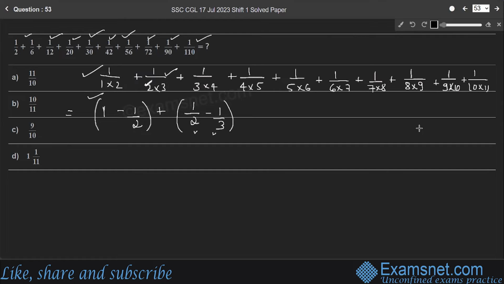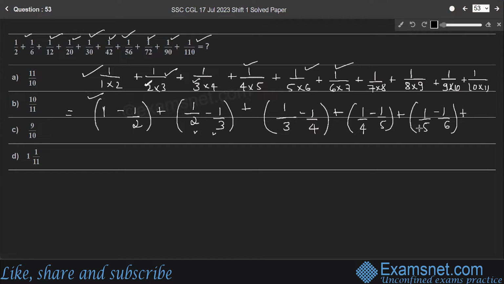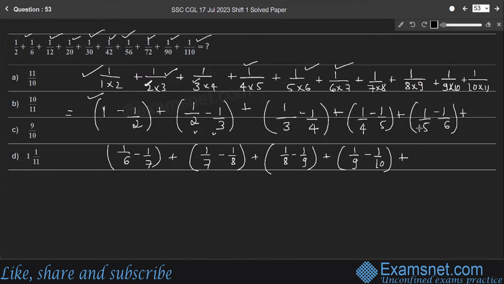Then 1 by 3 minus 1 by 4, plus 1 by 4 minus 1 by 5, plus 1 by 5 minus 1 by 6, plus 1 by 6 minus 1 by 7, plus 1 by 7 minus 1 by 8, plus 1 by 8 minus 1 by 9, plus 1 by 9 minus 1 by 10, plus 1 by 10 minus 1 by 11.